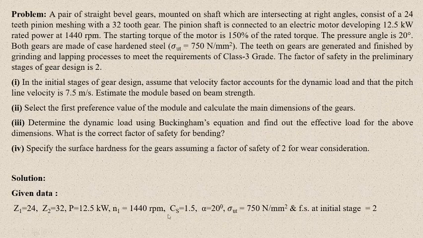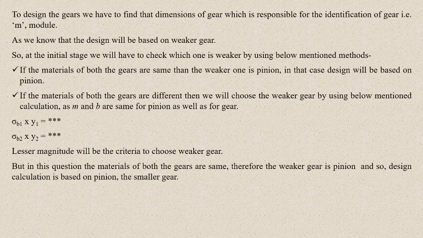These are the parameters which are given in the question: speed of pinion, service factor, pressure angle, ultimate tensile strength, factor of safety at initial stage, number of teeth on pinion, number of teeth on gear. This is the statement or the slide which is similar to what I have discussed in spur gear and helical gear. Before starting the design of bevel gear, we have to check which one is weaker.